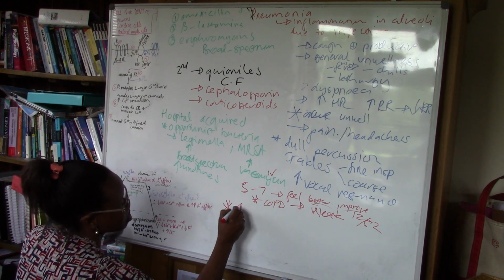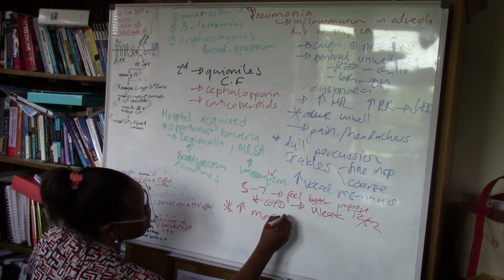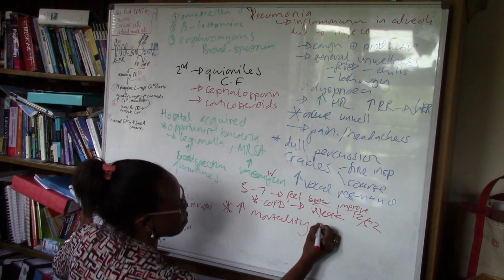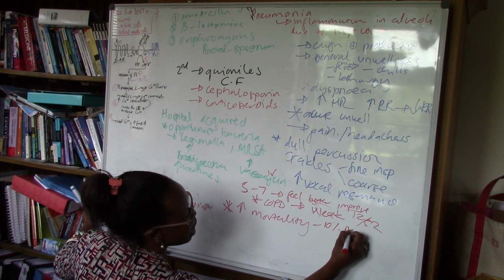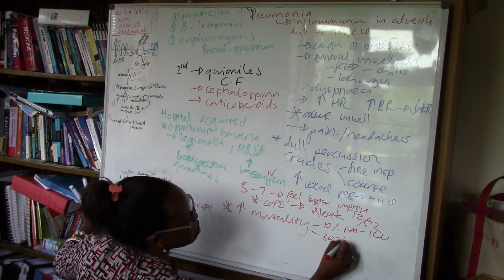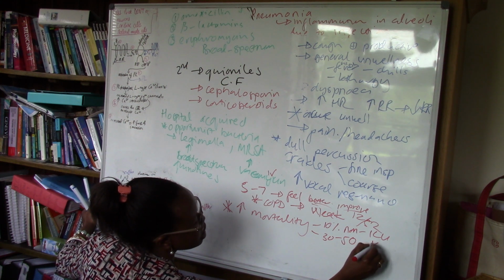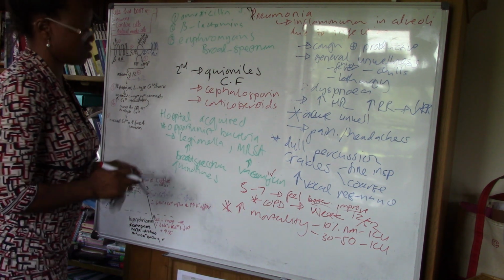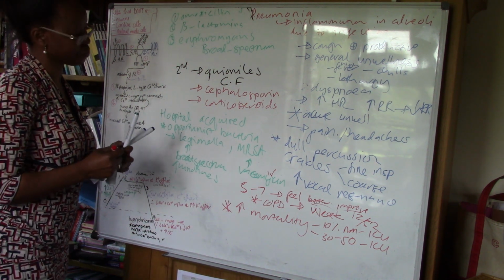However, there is a high risk of mortality in anyone who gets hospitalized with pneumonia. It's about 10% in non-ICU, and about 30 to 50% of all people who go into ICU will die of pneumonia. So this is quite serious, really.